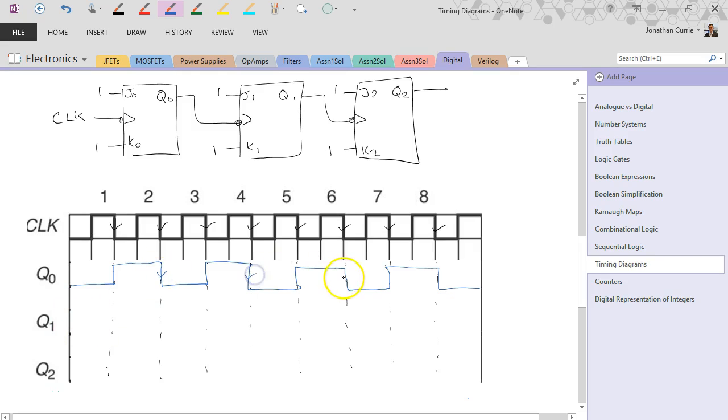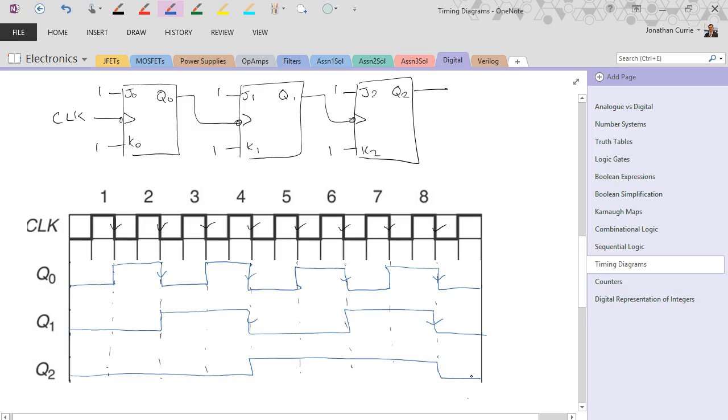Now we're looking at the falling edges of our Q0 output, because that comes into the clock line of our Q1. So now we toggle, toggle, toggle, seeing how our construction lines help out as well. Now we've only got 2 edges to toggle on for our final one.